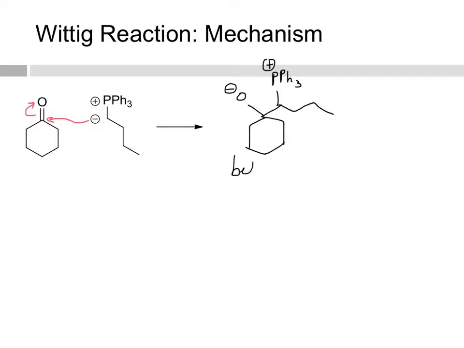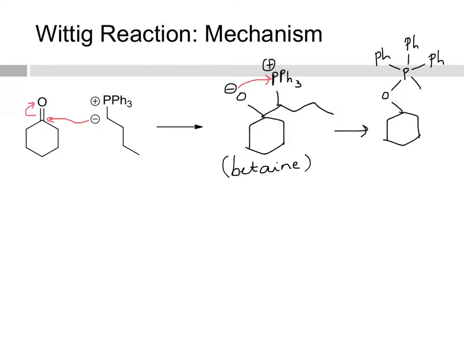This compound can then undergo attack of the oxygen on the phosphorus to give us an oxaphosphetane. An oxaphosphetane has a four-membered ring with the phosphorus, oxygen, carbonyl carbon, and the ylide carbon.